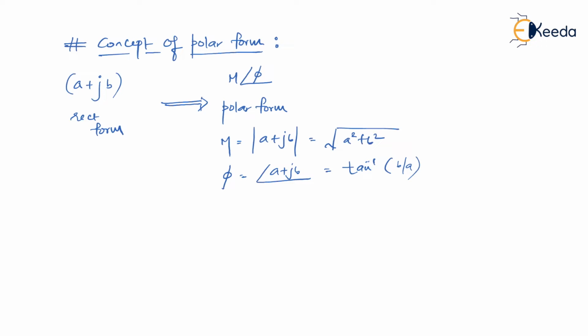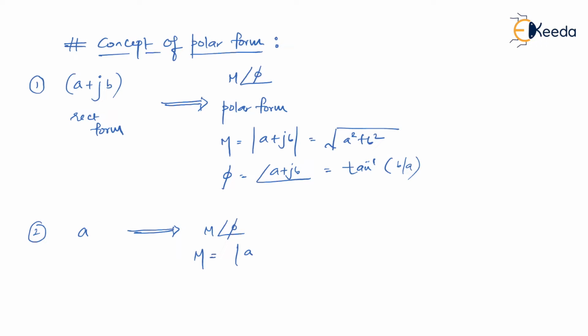So this is the first part I wanted to tell you. Second part, for example, if the value given is A, which is considered as, let's say, rectangular form, and again I have to convert it into the same form, that is M at an angle of phi form, then what needs to be done? Very simple. Then the magnitude is nothing but mod of A. But you know that to take the magnitude, we should have the real part and imaginary part.